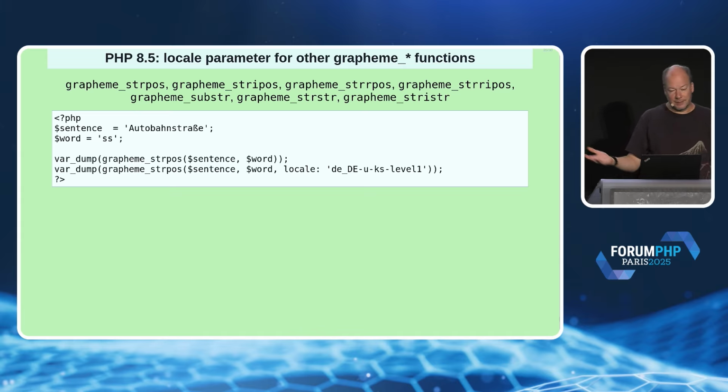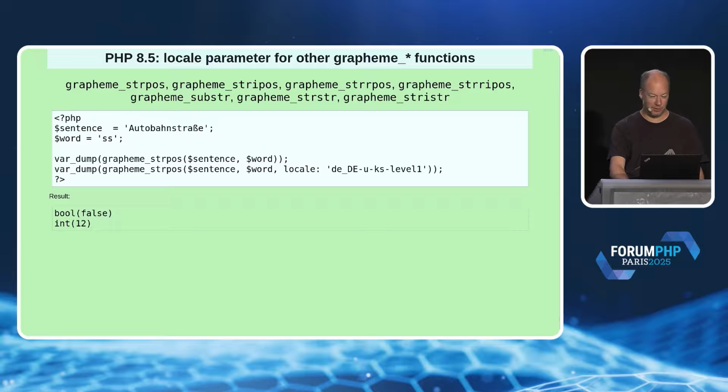So in these cases, adding these locales is actually really useful. I know Autobahnstraße makes no sense as a word, but it shows you what it does. If you don't specify the locale, then it doesn't find the SS, but if you specify the German locale, then it does, because the ß character in Autobahnstraße is the same letter as SS.